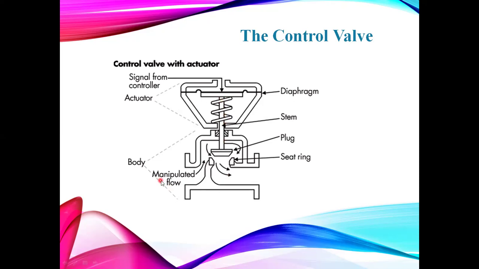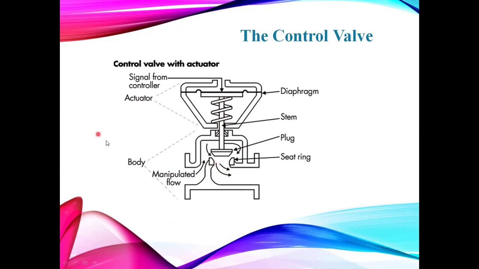So the flow of your heating medium goes to your opening here, depending on the flow rate that is needed by your process, so as to control in this case the temperature of the fluid inside the heater. So this is your final control element.